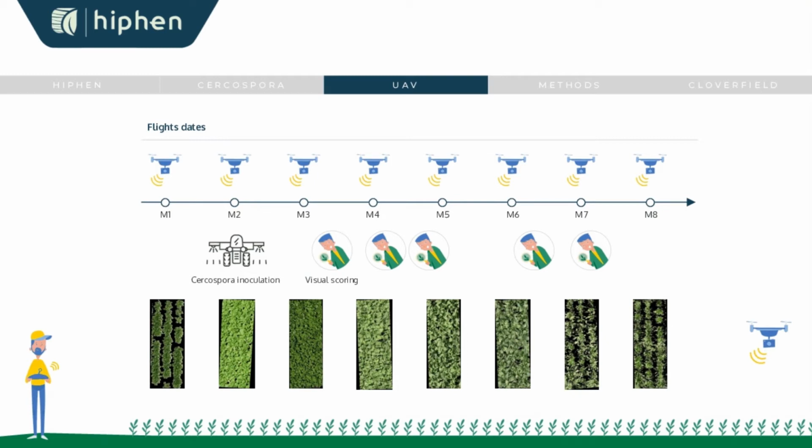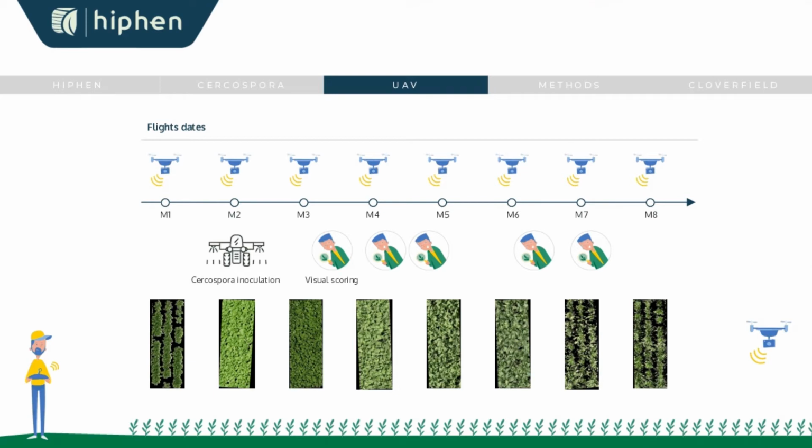The first flight is to get the first measurements and work on the trial mapping. The second flight is to get a baseline, at which point the breeder starts to inoculate the disease in the trial. And then from the third flight onward, we have visual scorings from experts in the trial, who attribute the human scores to the trial.